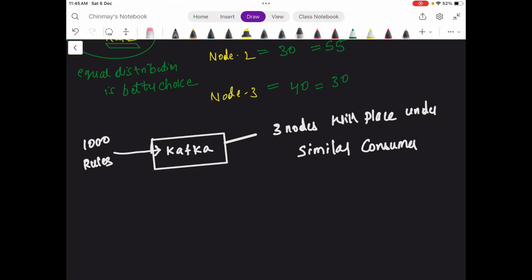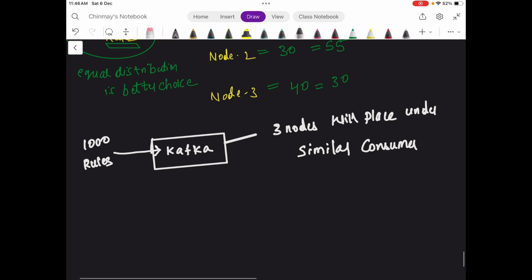You don't have to worry if you don't have an idea about Kafka and what a consumer group is. Just listen. In the future, I will make videos on Kafka also, so that you can get a clear-cut idea. Just listen to what is happening here.